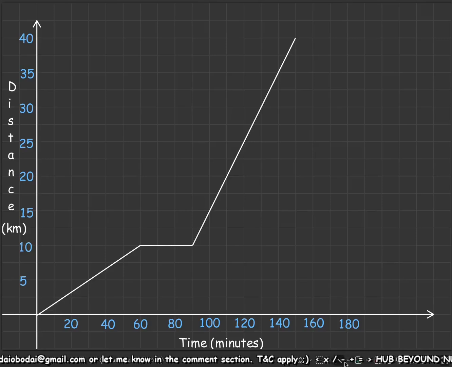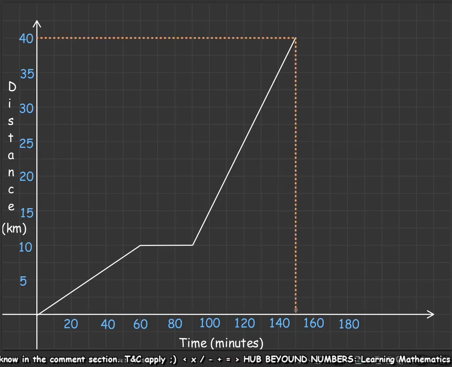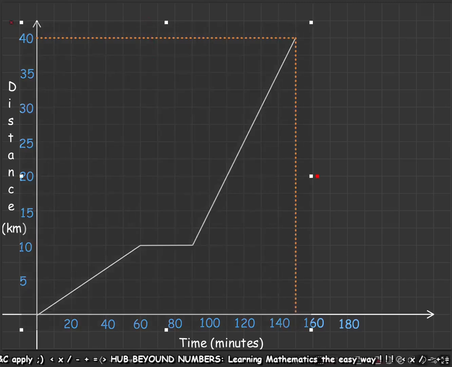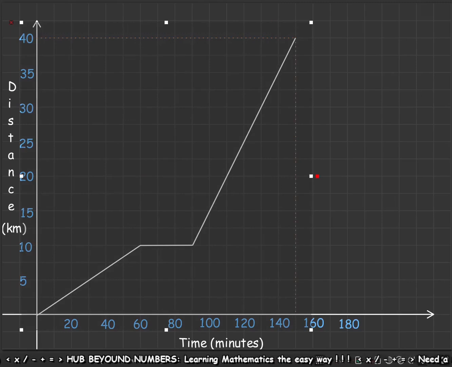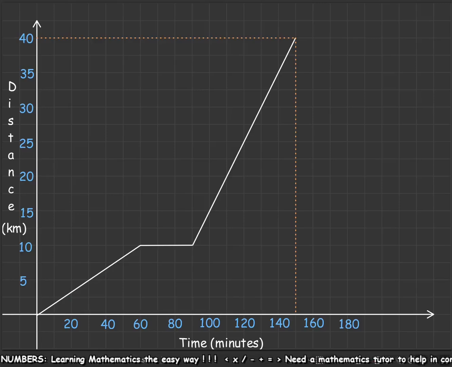So this is our final destination. And this corresponding side would be the time it took for us to reach our final destination. So if you want the time that was taken, you look at the corresponding time to the final destination, which is this over here.